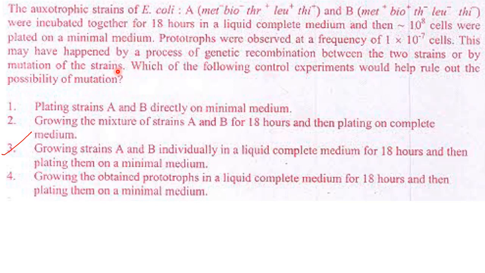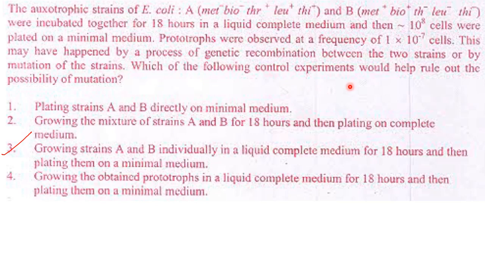So this arisal of these prototrophs could have been because of genetic recombination or because the two strains got mutated.